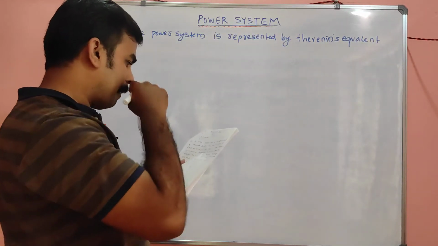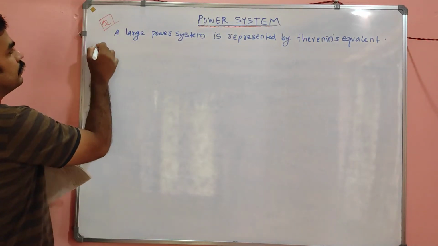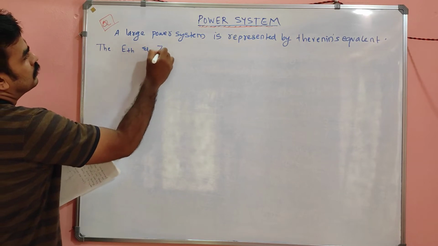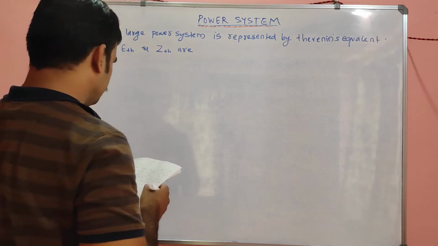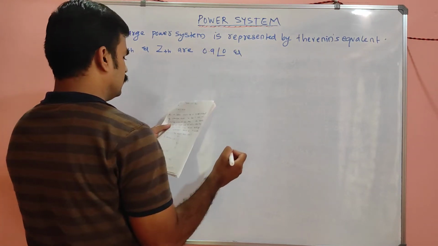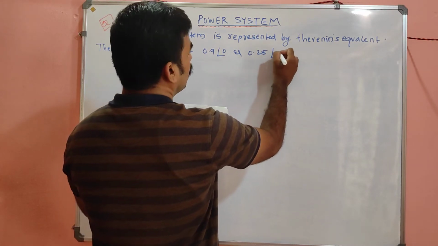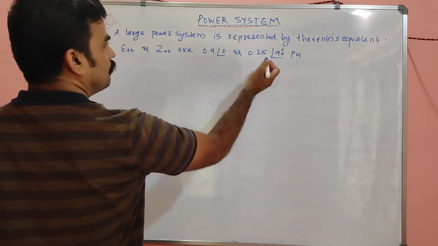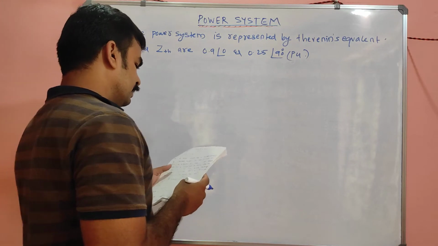The E Thevenin and Z Thevenin are 0.9 angle 0 and 0.25 angle 90 degree per unit respectively. Everything is in per unit.